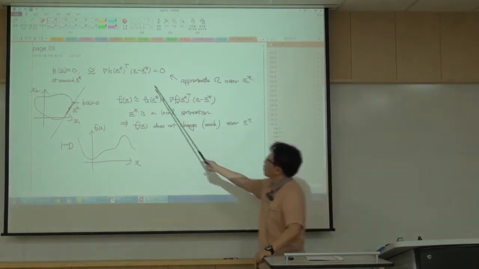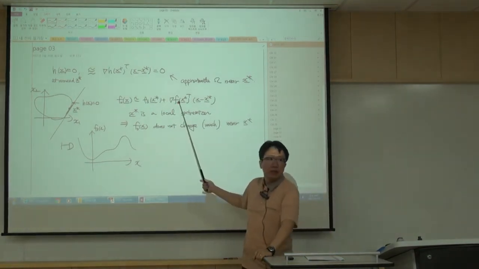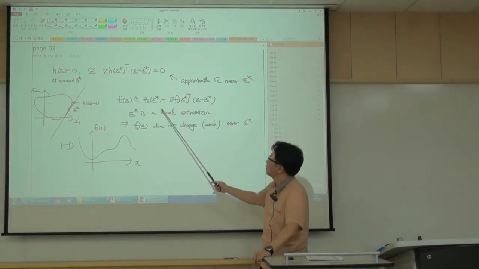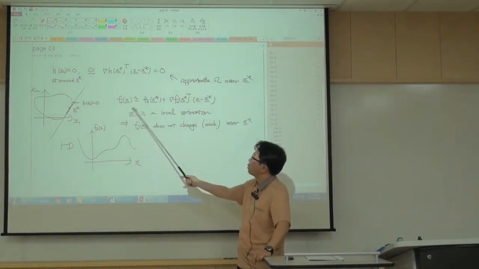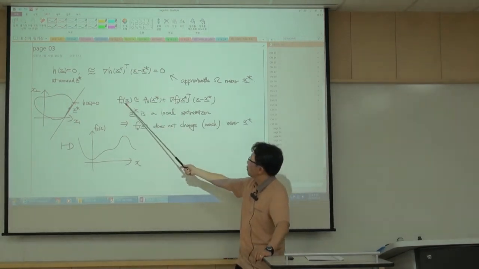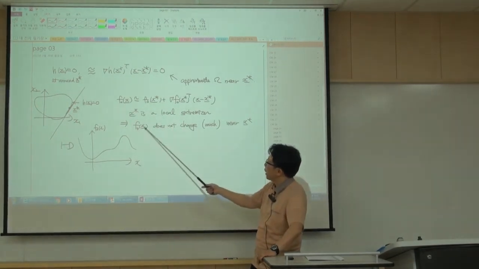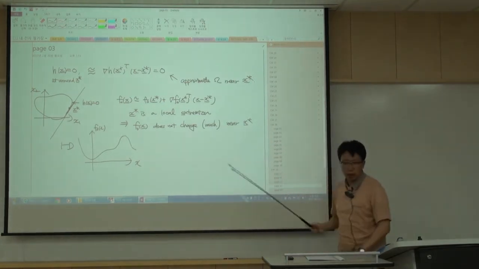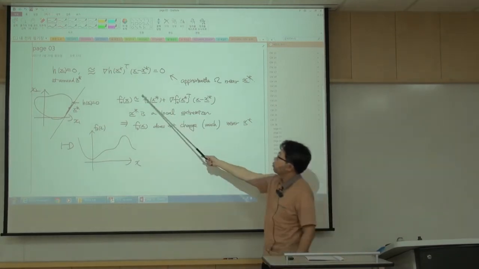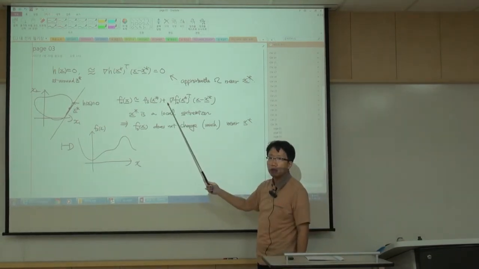So now let's compare these two and see when do we have this function almost the same as this one. What does that mean? See this, f0 of x does not change much near x star. At x star, the function value is this one. What does that mean?